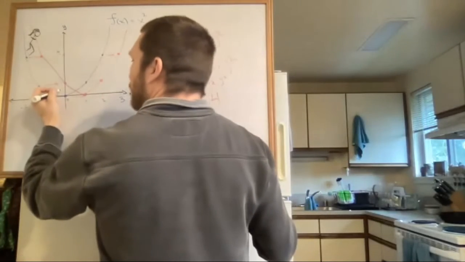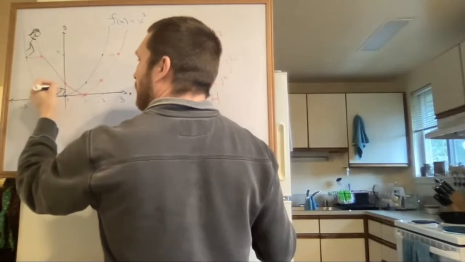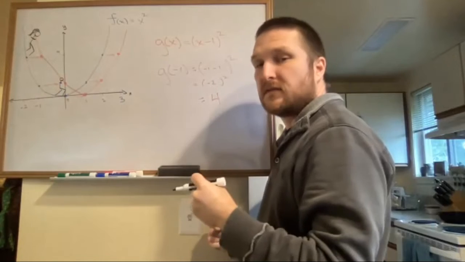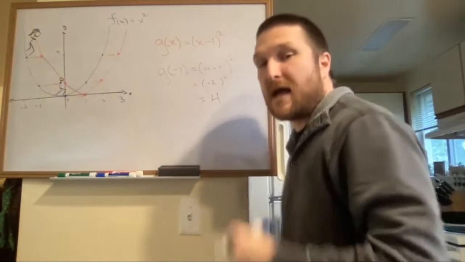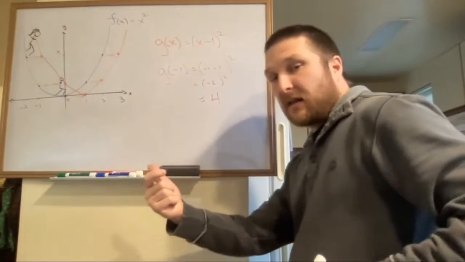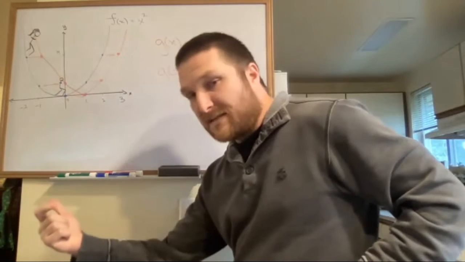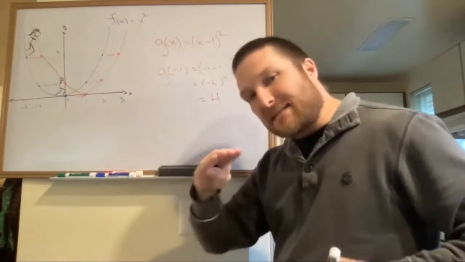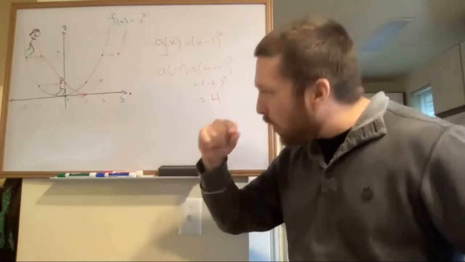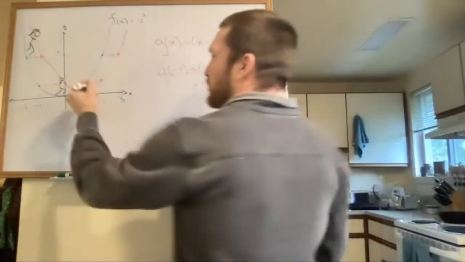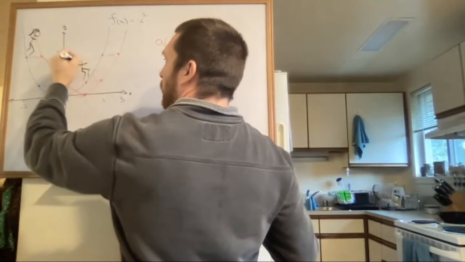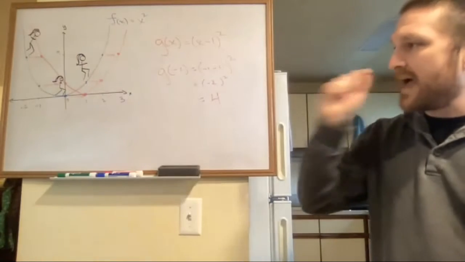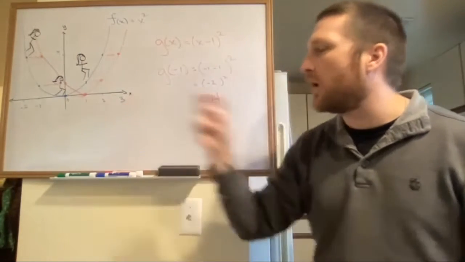In other words, when your input was 0, you were at the height 0. So if you're thinking about how high above the ground you are as you're running, and you look at your clock and the clock says 0, you happen to be stepping at 0 elevation. And then as time went on, after 1 second went by, you were here at 1.